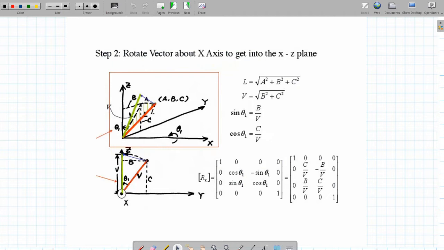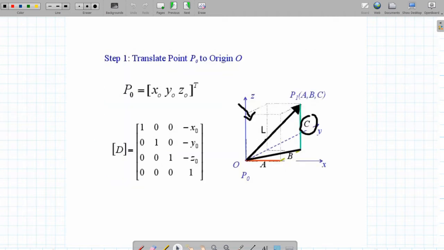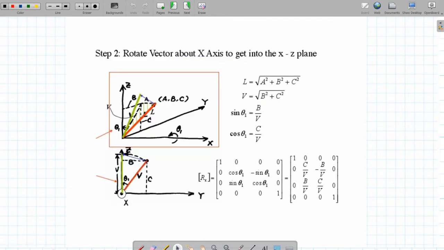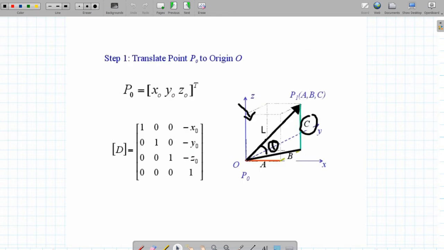So if you try to find the sine theta and cos theta, say this angle is theta. After pushing, this line should be somewhere here. Your sine theta will be b over v, and cos theta will be c over v. So if you rotate everything by this rotation angle, you will get your line onto this xy plane.